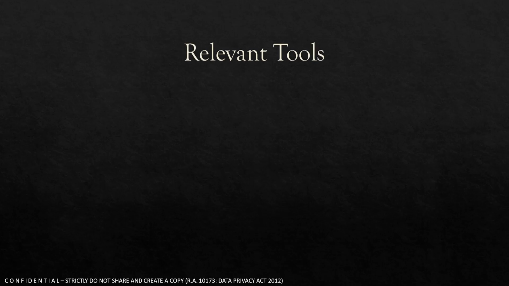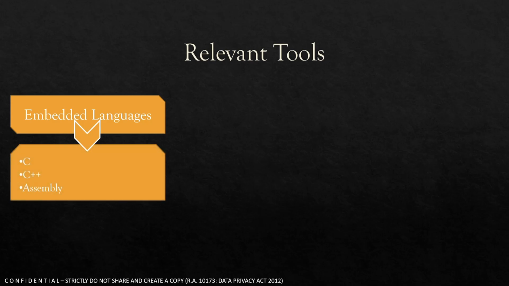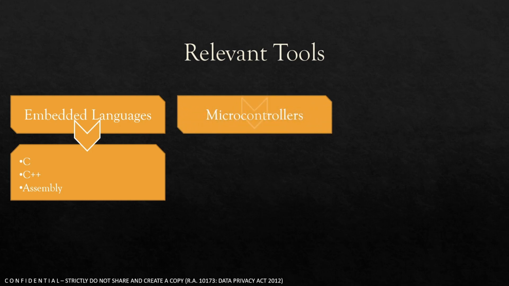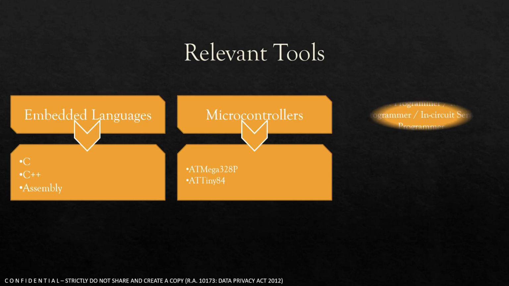We have different relevant tools for embedded systems. First are the embedded languages. We have the C programming language, C++, and also assembly. Next, for the microcontrollers, we can use ATmega328P and also ATtiny84.